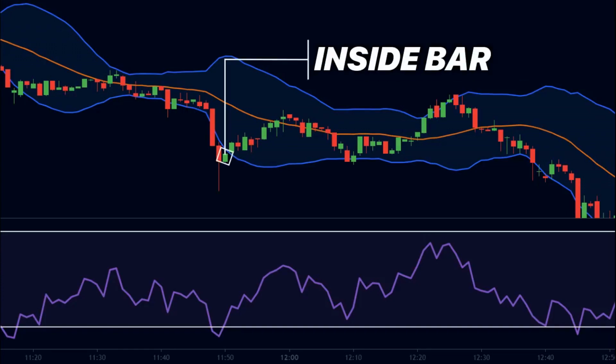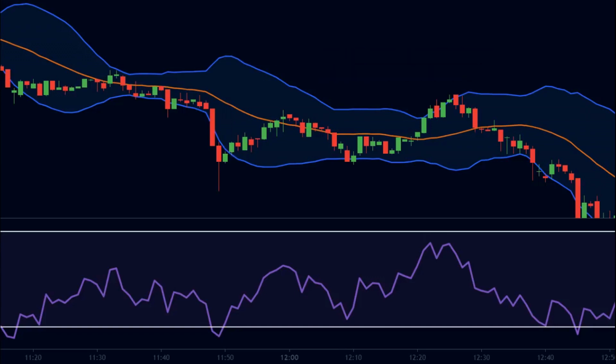Hence, it is an inside bar. So this is our trigger candle. We will place a buy order above the high of this candle. As you can see, the next candle triggers our entry. We will keep our stop loss below the lower band and we will exit when the price touches the central Bollinger Band. As you can see, we made good profits on this trade.